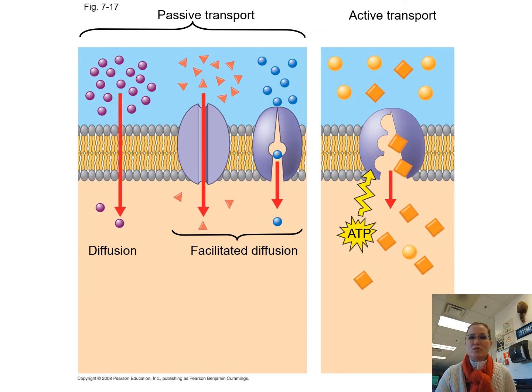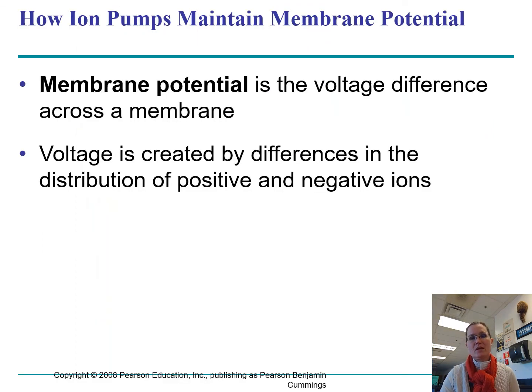And then this just shows an overall picture. This membrane potential is associated with active transport with the sodium-potassium pump, and it's an electrical way to describe the concentration gradient.